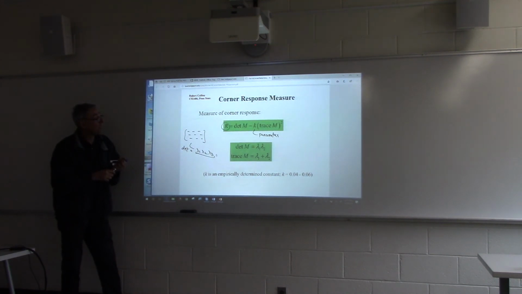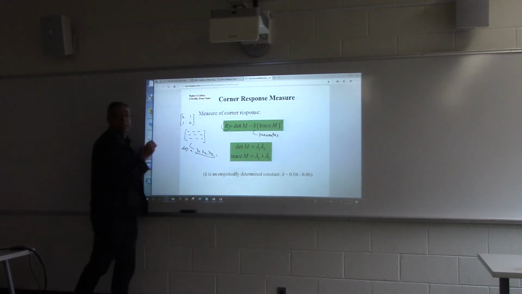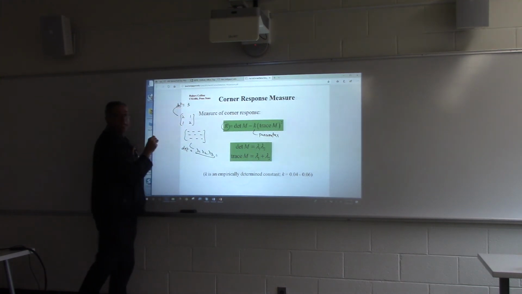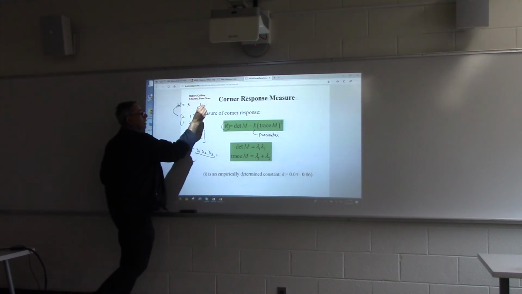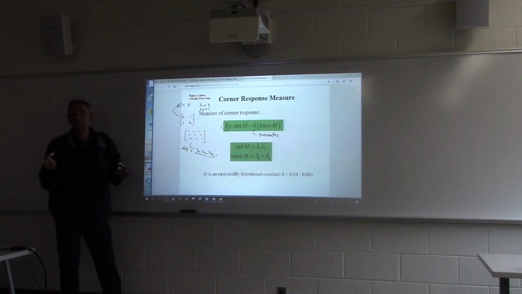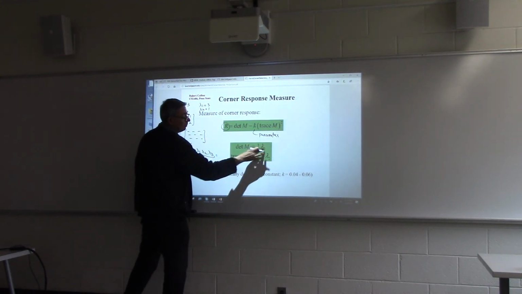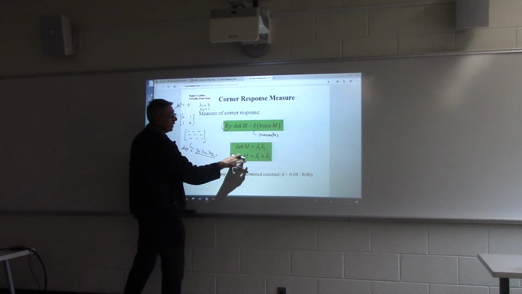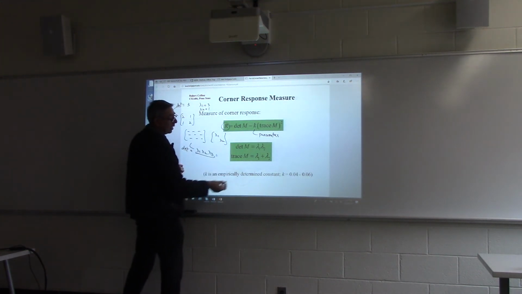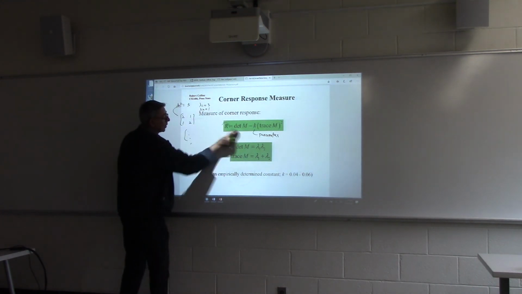In the example I gave you, the determinant is 3, and lambda 1 times lambda 2 is 3, so it's the same as the determinant. The trace is the sum of the diagonal, which is the sum of the eigenvalues.